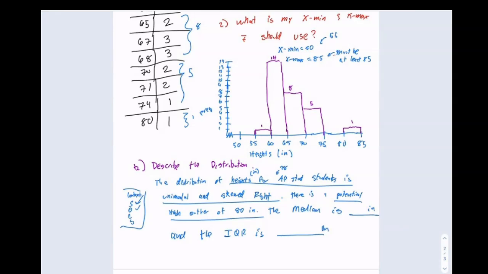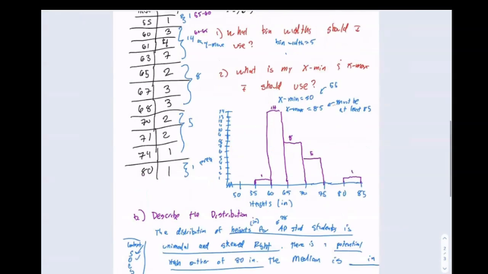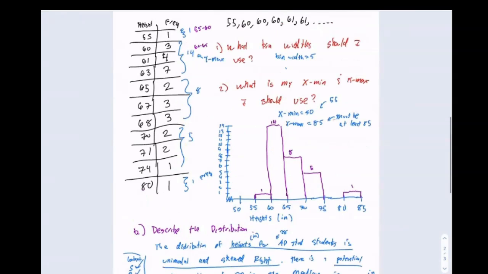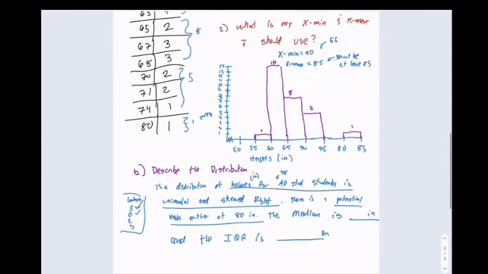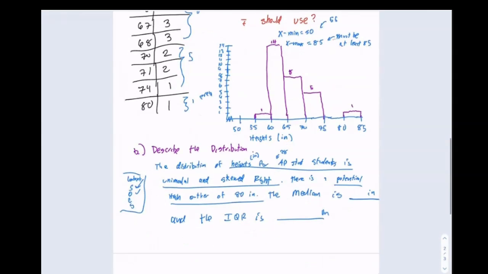And how do I find the median? I would have to go to my graphing calculator and input this information into my graphing calculator. Now, I will also give you full credit if you just give it to me from the data. So if you said something like, a typical height is around what?